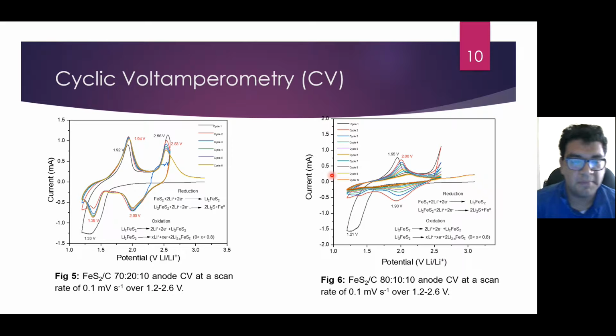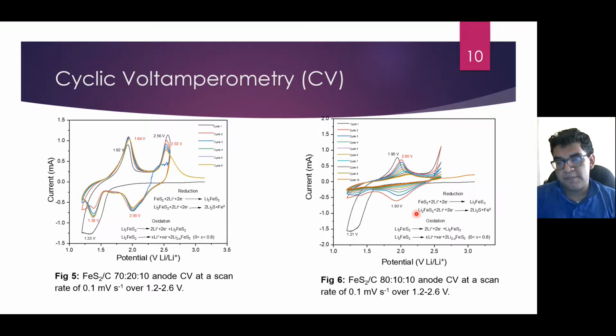For the cyclic voltammetry, in the pyrite carbon with the 70-20-10 anode configuration, you can see from the second cycle and onwards 2 pairs of redox peaks.